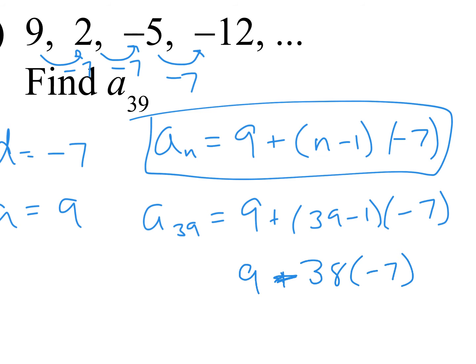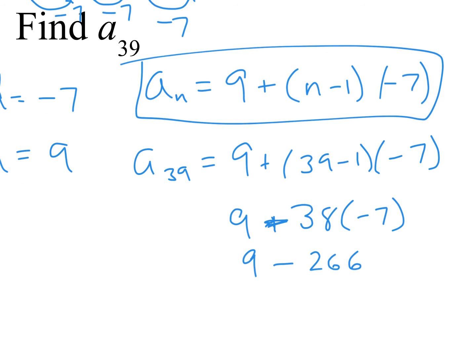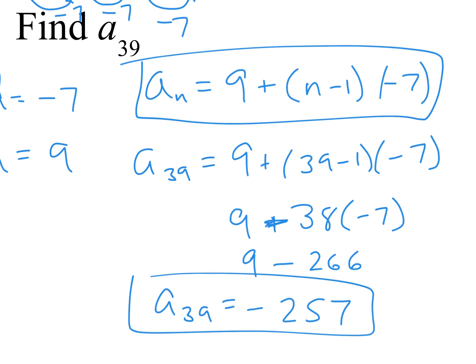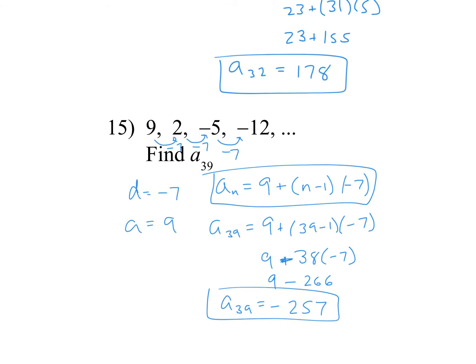What do we have to do next? Multiply 38 times negative 7. That gives us negative 266. So 9 minus 266. What'd you guys get for your answer? Negative 257. Awesome. So our 39th term is negative 257.